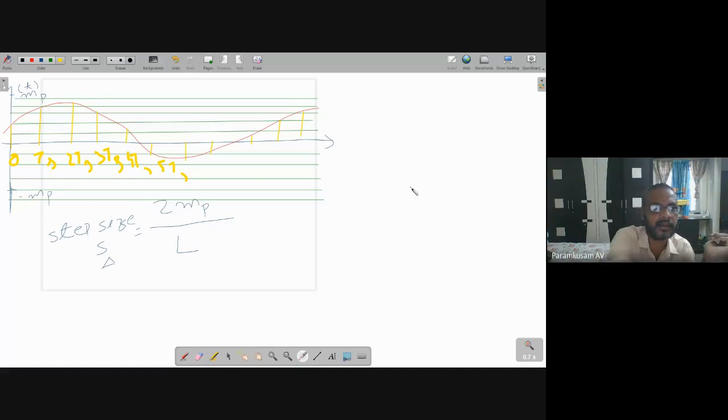Here I draw the graph between the output and the input of the quantizer.